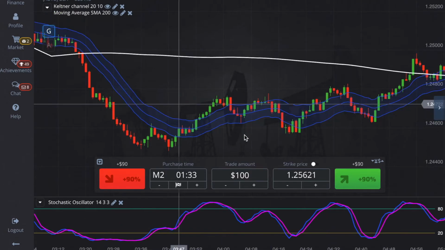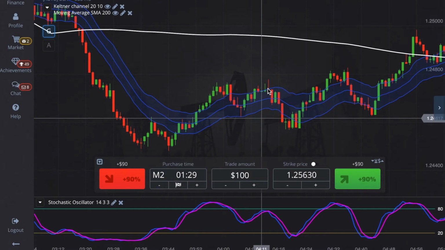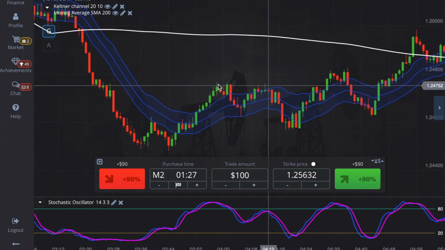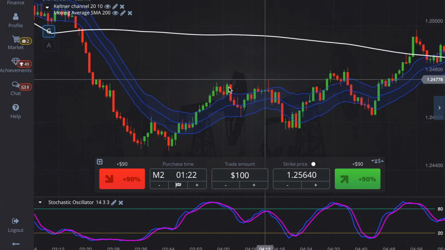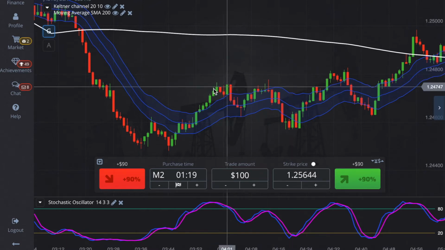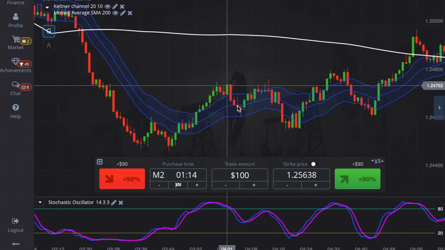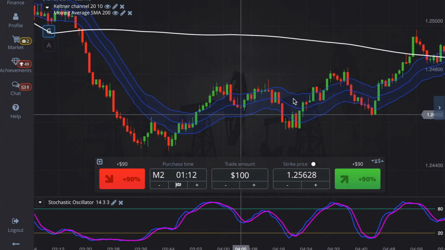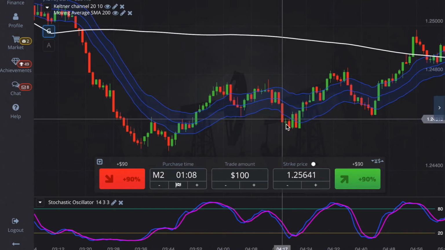So again, this is a downtrend, which means, you see, this is overbought here. All right, and then when the lines begin to cross each other, it shoots down. It does retrace up a little bit, but then it shoots right back down. And then down here, it's trying to retrace up, right?